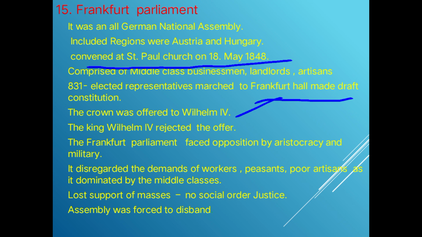So it lost its social order, could not give justice to the people, and was forced to disband. The aim of the Frankfurt Parliament, of making unification and offering the constitution to the king, remained a failure. I hope this is clear.